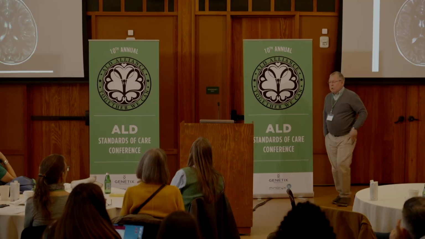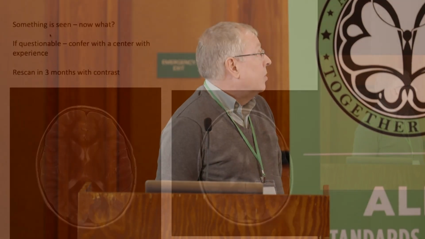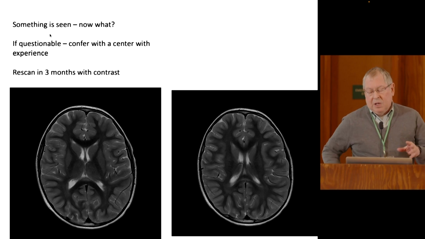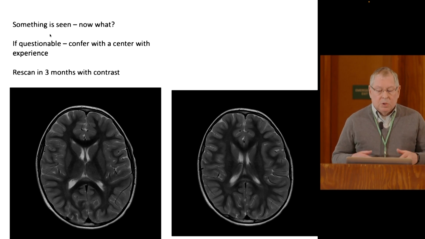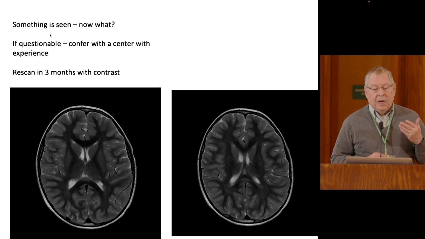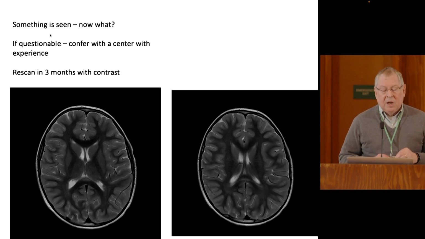Is that something we sometimes refer to as volume averaging? Maybe that's the only section I'm seeing it on. We would typically recommend rescanning in 3 months with contrast. That would be the indication. Was he gonna hold still? If he's not, we're gonna do this. We're gonna make sure we get the best images we can. That would generally be my recommendation.